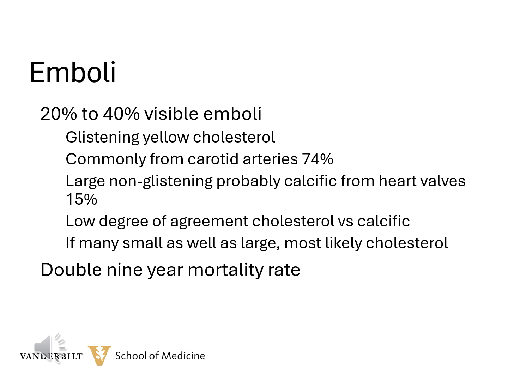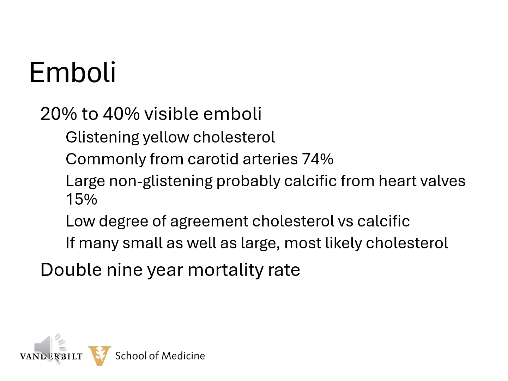The final physical finding which you want to be looking for are emboli. And you should be able to see emboli in 20 to 40% of patients with central artery occlusions. There are two basic types of emboli. They're either the yellow glistening, which we think are cholesterol, or the large white, which are probably calcific and from the heart valves.